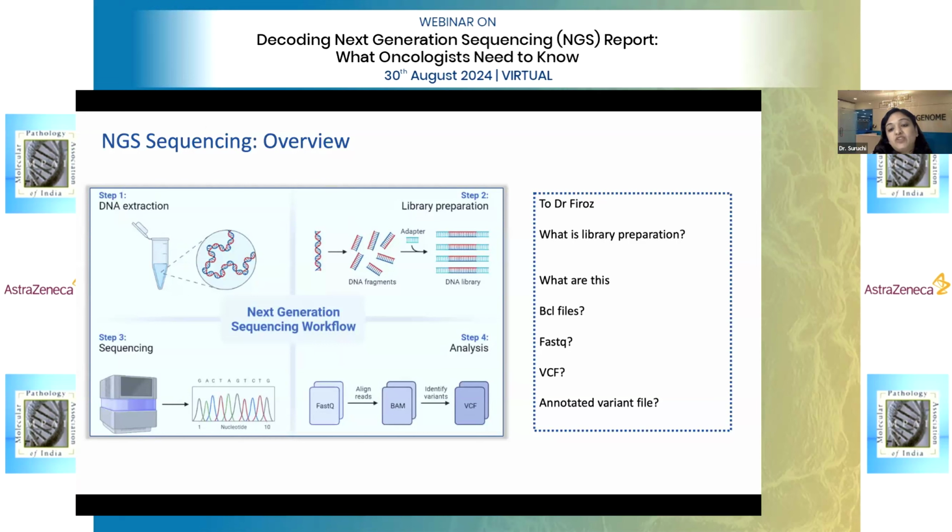There are labs which do fusion detection on DNA also. But as Dr. Feroz mentioned, it is much more reliable on RNA, for two reasons. Fusions are translocations which happen at the DNA level, at the chromosomal level, and DNA has both exons and introns.